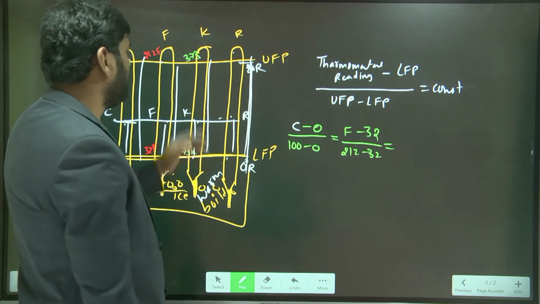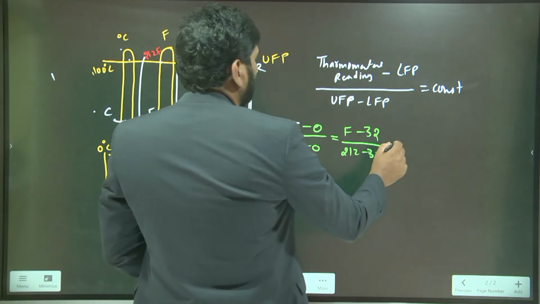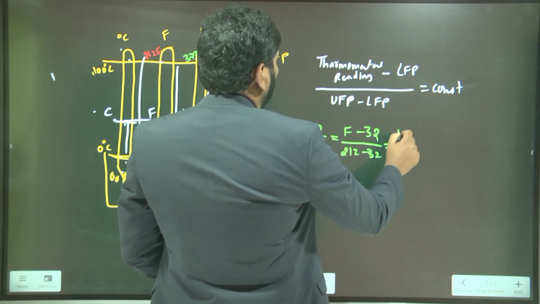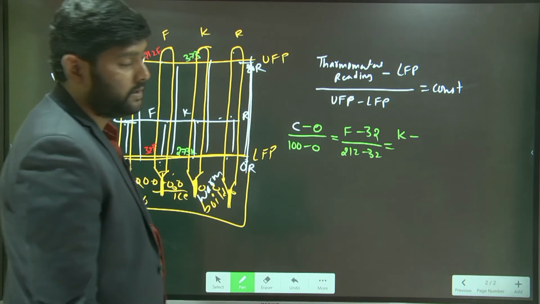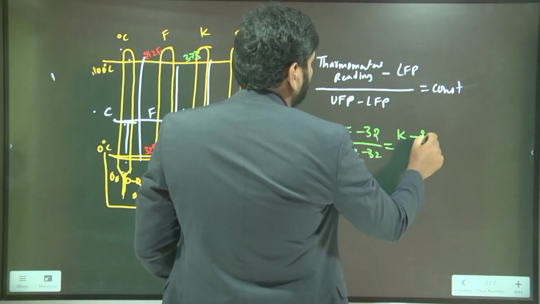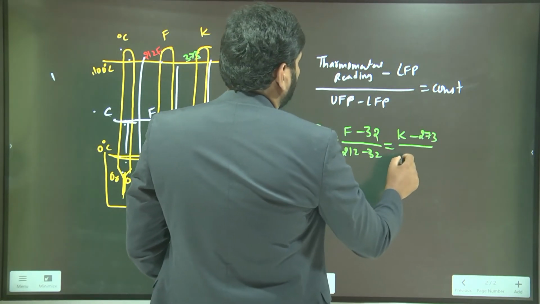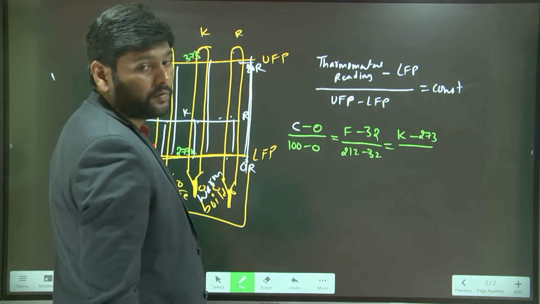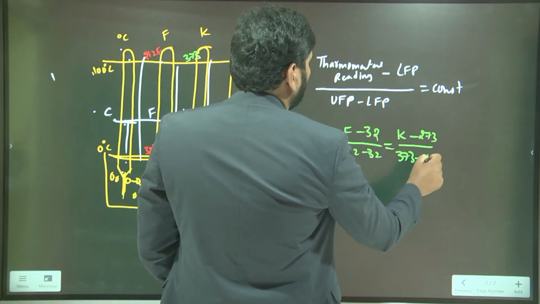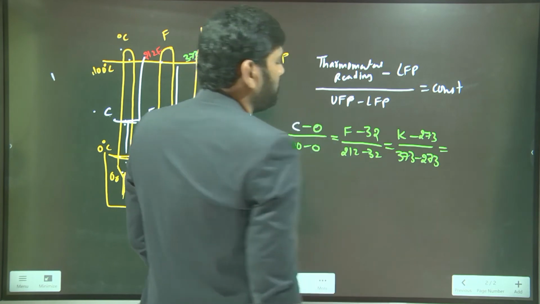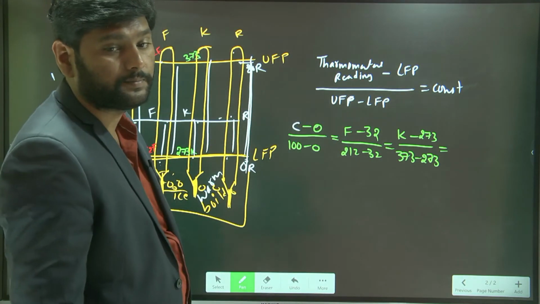Same way for the Kelvin scale, the temperature reading is K minus 273 upon 373 minus 273. For Reamur, tell me.